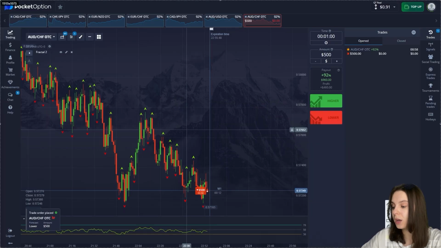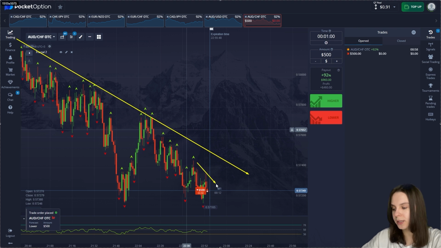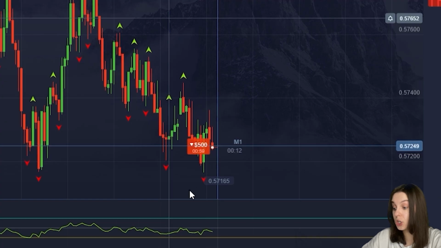analysis. Here we have a global downward trend, also a downward trend of the last period. The last fractal was formed in red, so red at the bottom of the chart. A small trend happened, but it ended quite quickly and a downward trend began.